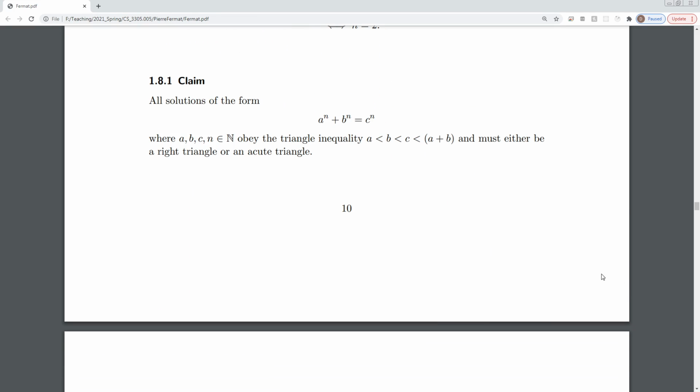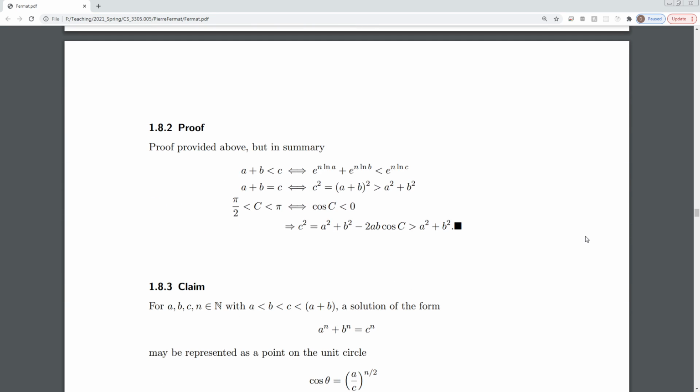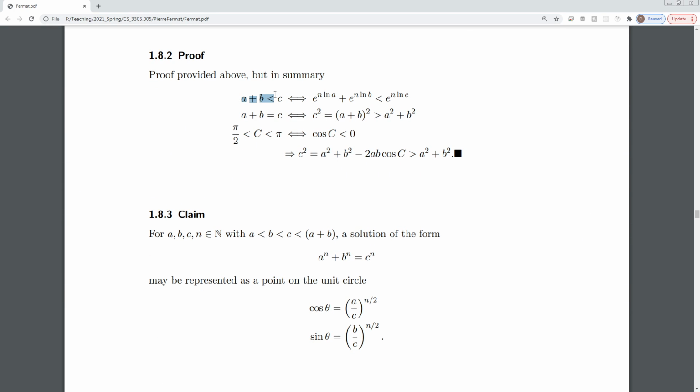All right. Running through what we've already covered, if you have something of this form, then it has to obey the triangle inequality, and it has to be either a right or an acute triangle. This states that if c is already greater than a plus b, then in exponential form you see that e to the n times natural log of c is going to outrun the sum of these other two.